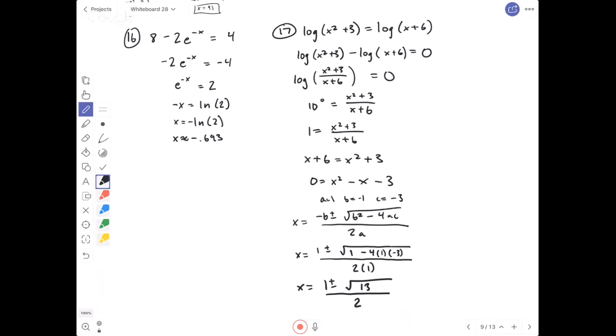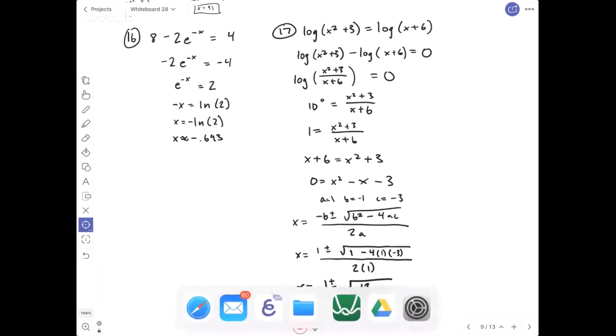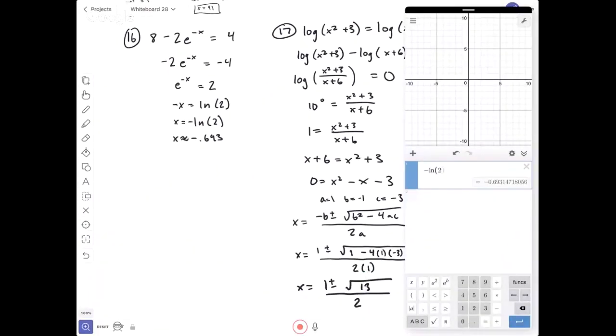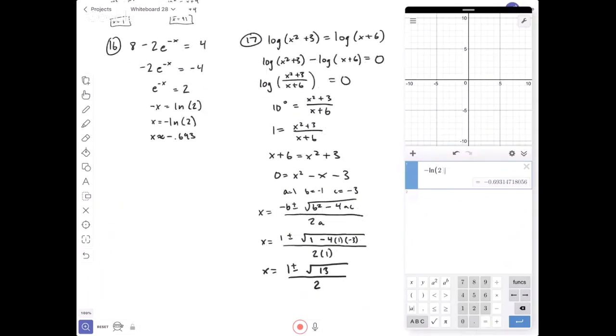Now that's all good. Are there actually two solutions? 1 minus root 13 over 2. Well, now I need to approximate that, because if that's less than negative 6, it's not a real solution. So 1 minus square root of 13.